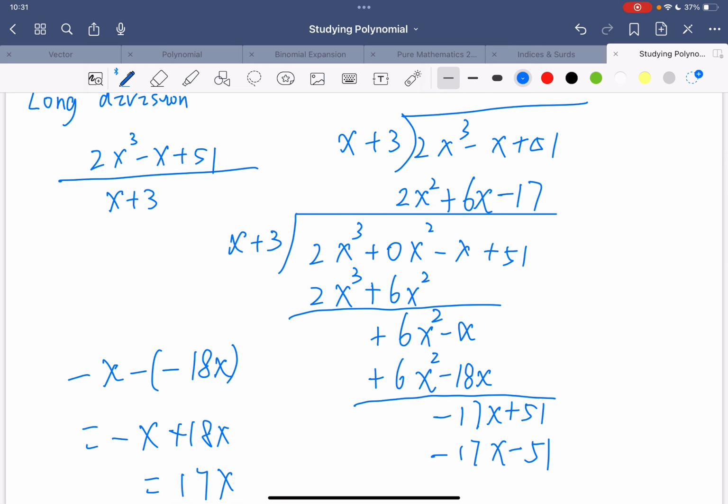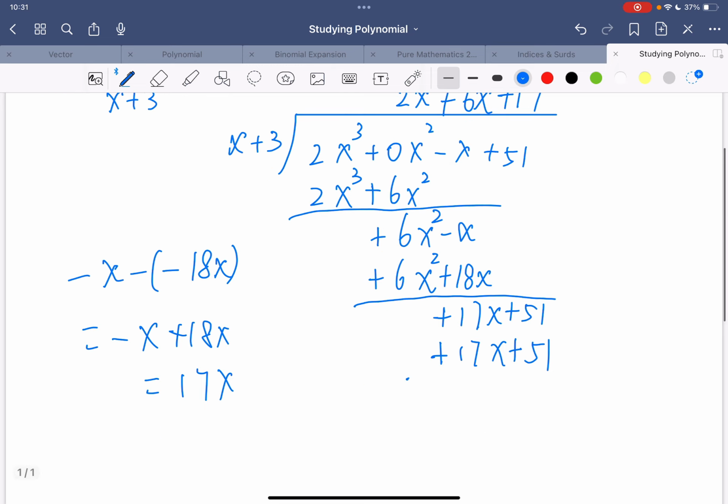So we need plus 6x equals positive 6x squared, and then it's positive 17, and positive 51.